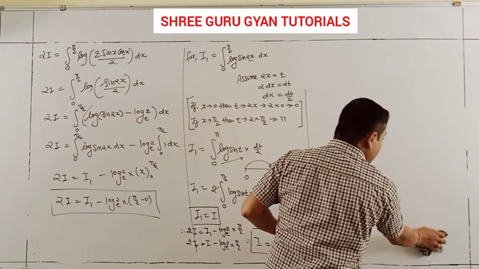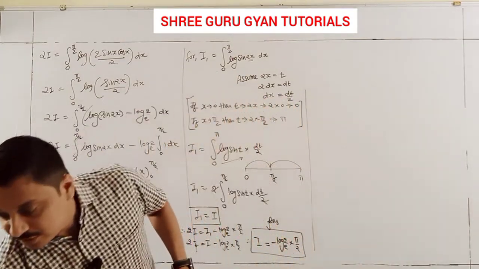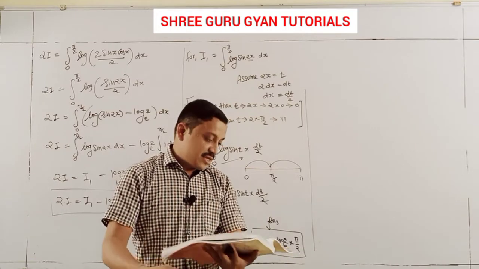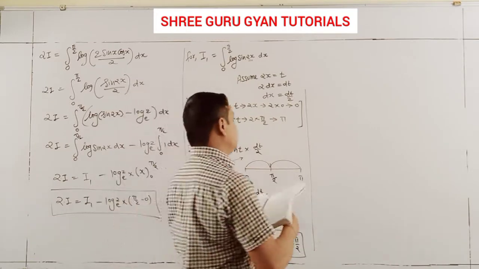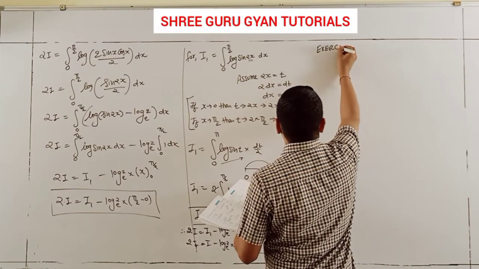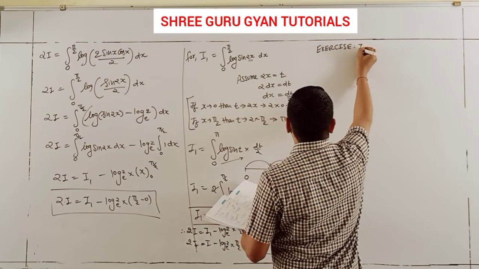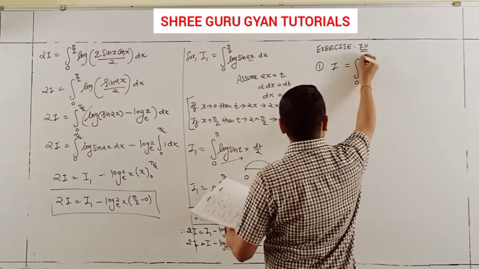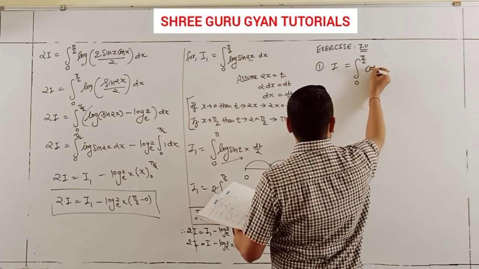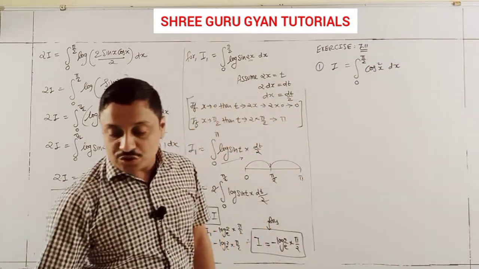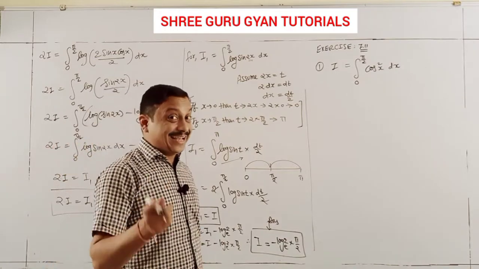So now I slowly go to our exercise. Yes, 7.11. First one, integration 0 to 90 cos square x dx. Yes, very easy. Apply the cos square x formula, or replace.